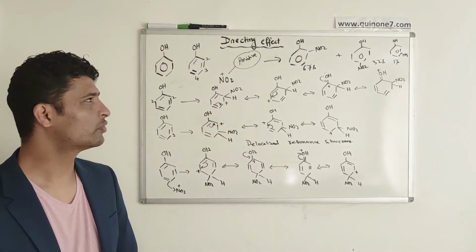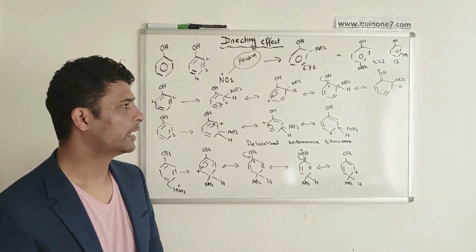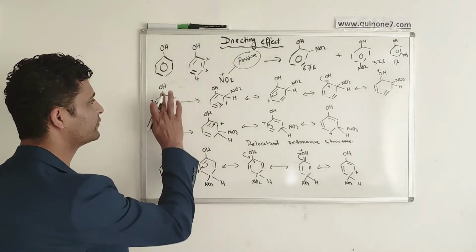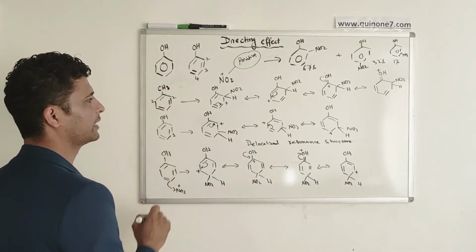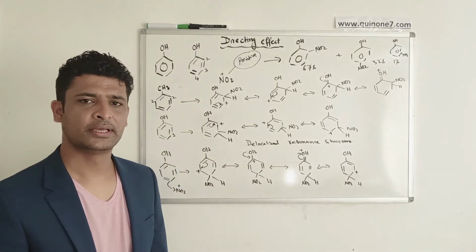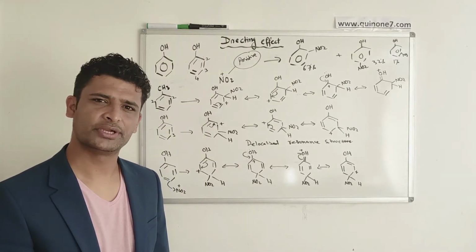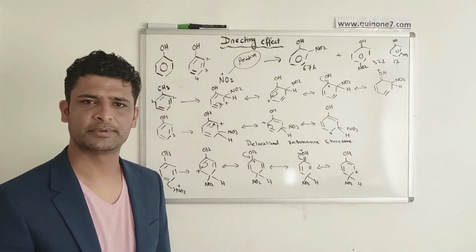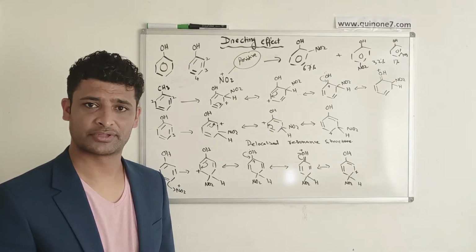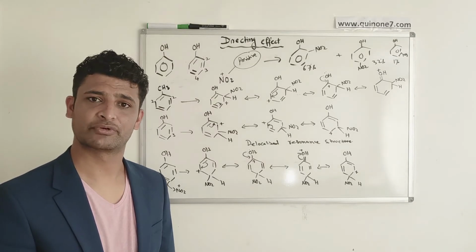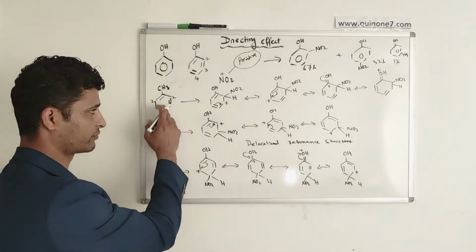Now, if I talk about the second part, which is what if you have CH3? CH3 is electron donating in nature, but it's not going to participate in electron delocalization while resonance structures are made, because it does not have an electron pair. So you cannot donate an electron pair.